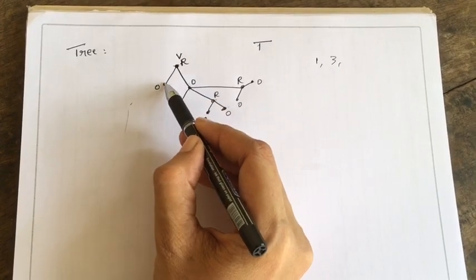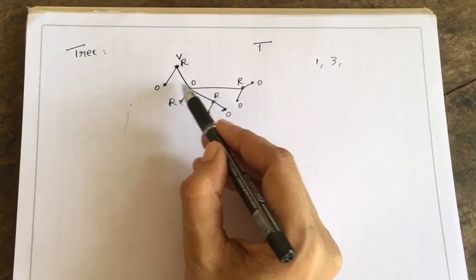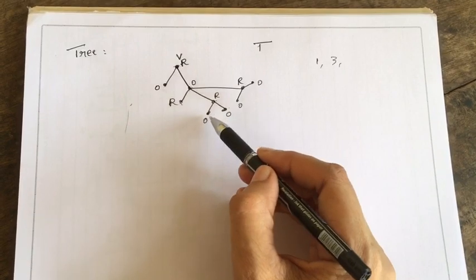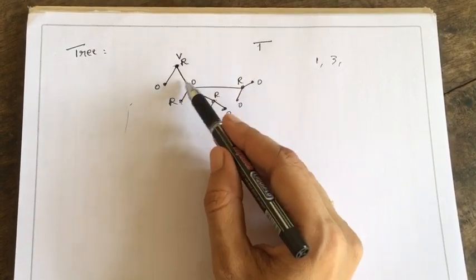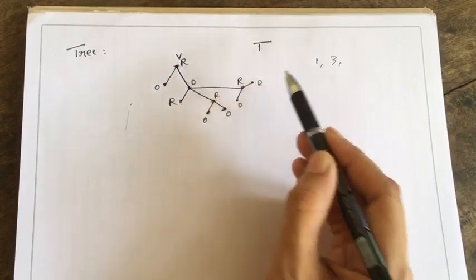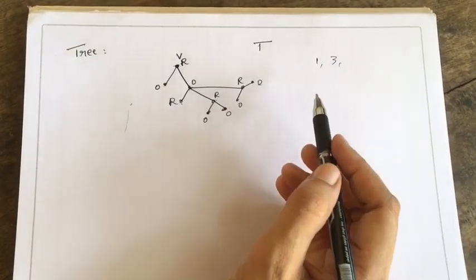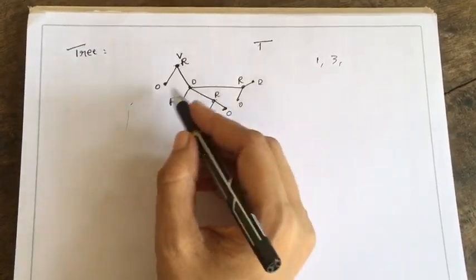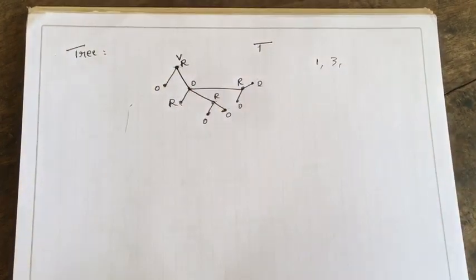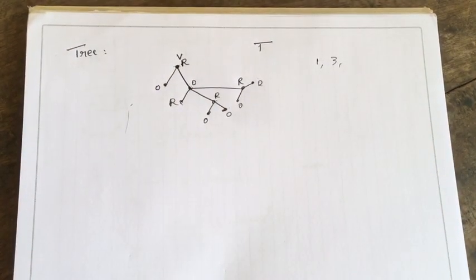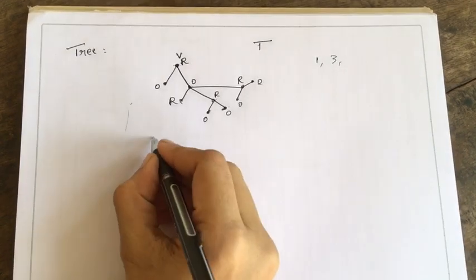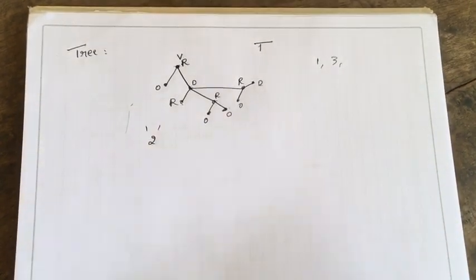So these vertices are at odd distance, so they have the second color, and all those vertices which are at even distance from V are colored with the first color. So all the vertices have been colored with only two colors.